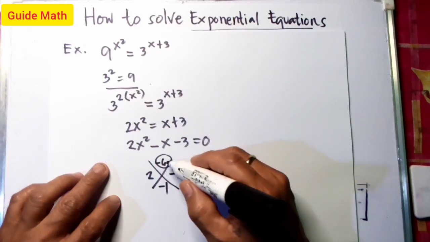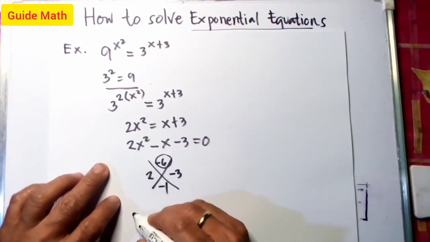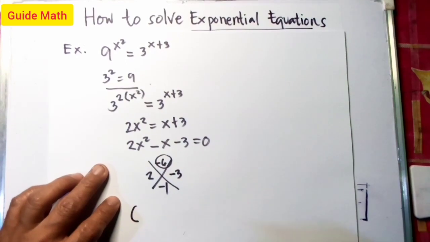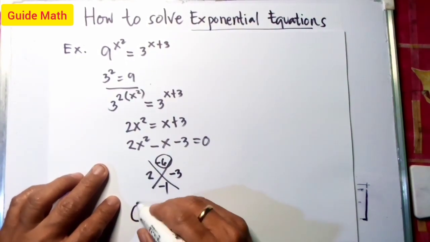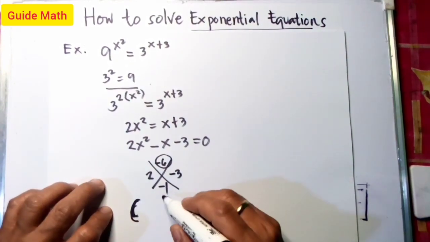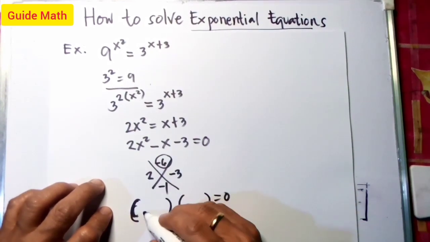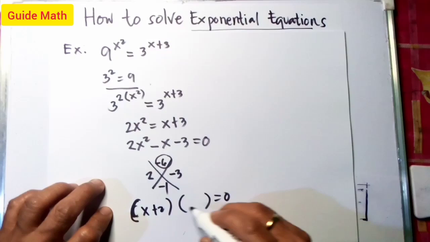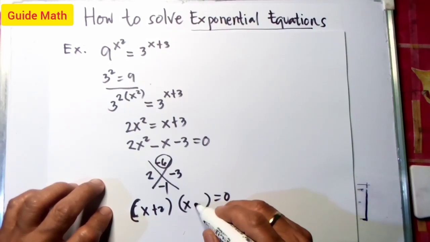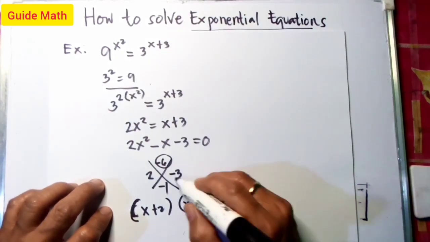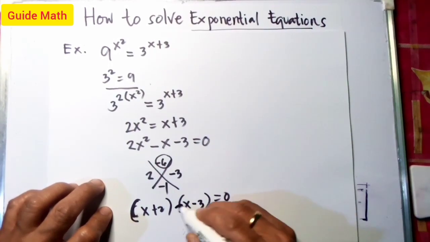So, correct. So, gawin natin ito, magiging open parenthesis tayo dito. Okay, open parenthesis tayo. And then, this will become close, open, close, equal to 0. So, this is x plus 2. Then, we have x minus 3 over 2. So, ganun sa 2x. Okay.